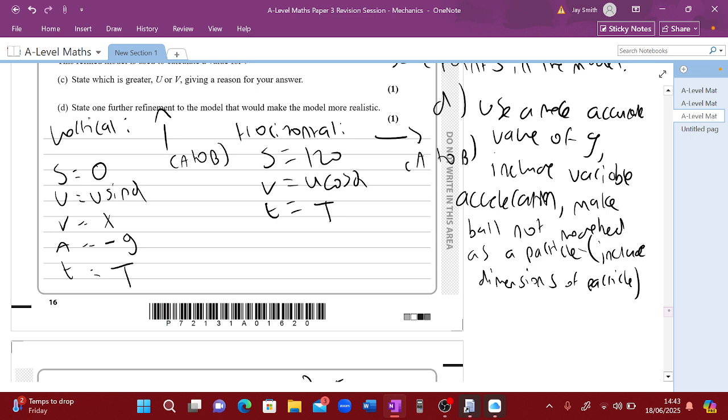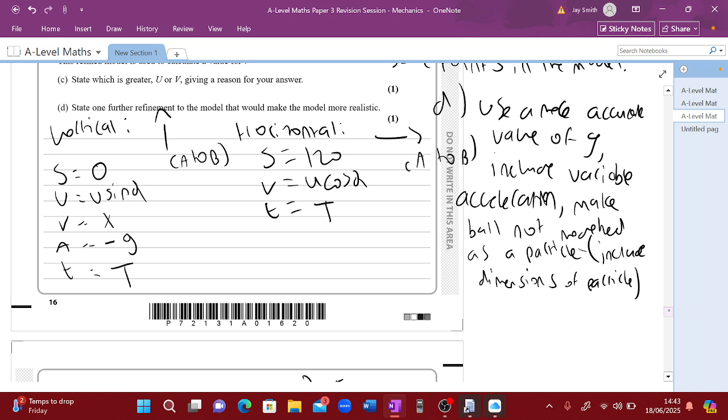There's loads of different things. Let me check the mark scheme to see if there's any more. Wind effects. That's interesting. Isn't that just air resistance though? The more accurate value of g, the spin of the ball. I don't know what that means. Size of the ball, again, not the dimensions. The shape of the ball potentially.